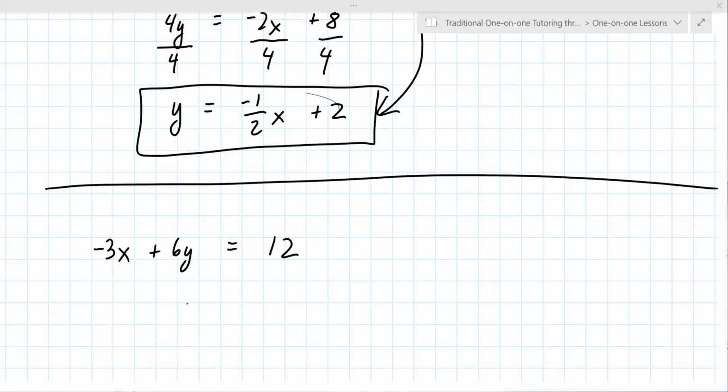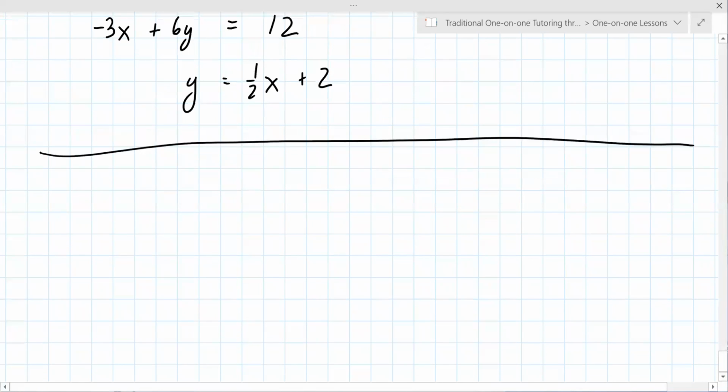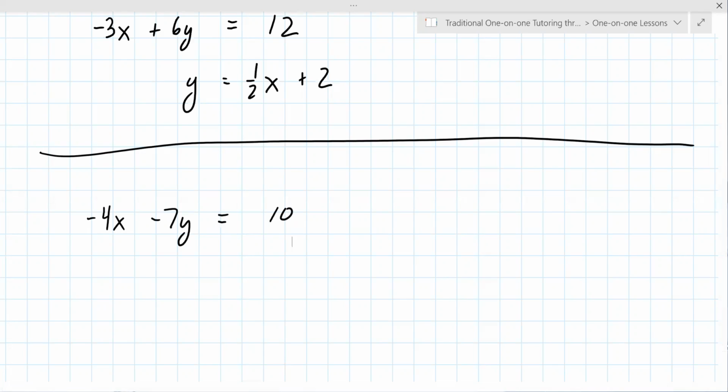So is it very common to have the x be a fraction? Yeah, kind of. I'm choosing problems that are nice, so now let me choose one that's not so nice. Minus 4x minus 7y equals 10. So give this one a try on your own, please.